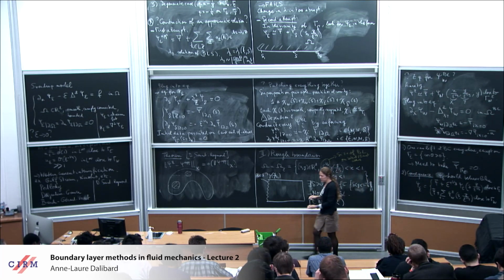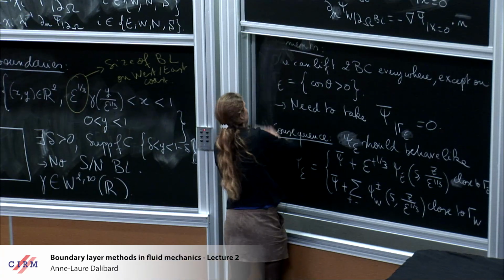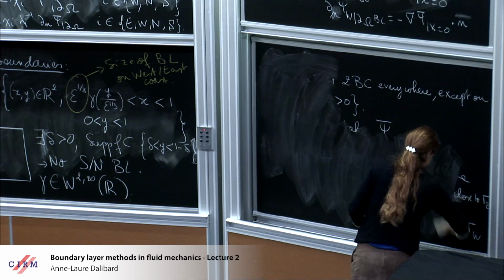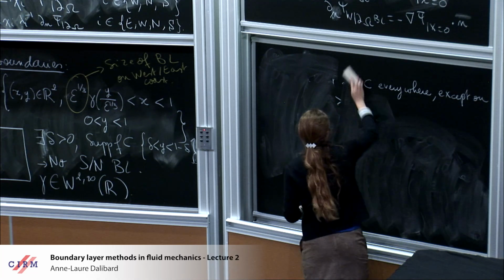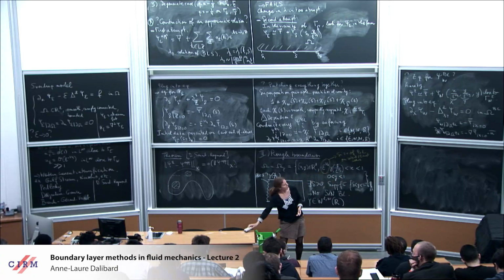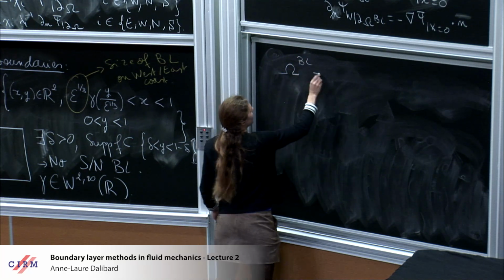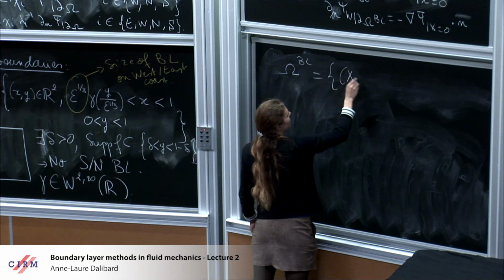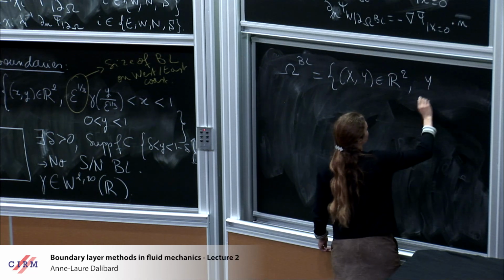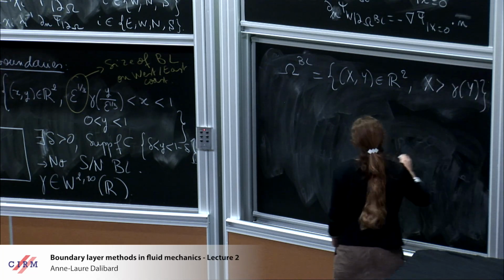And let me just write down what omega BL is. Omega BL is the set of points in R2 such that x is bigger than gamma of y.